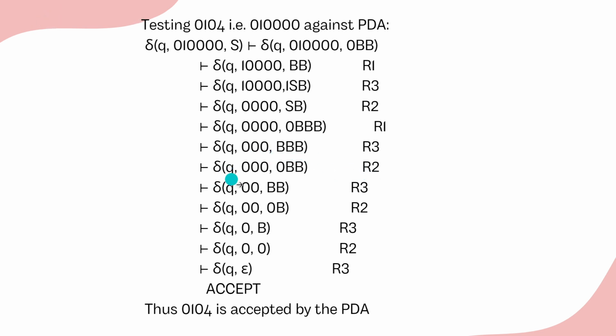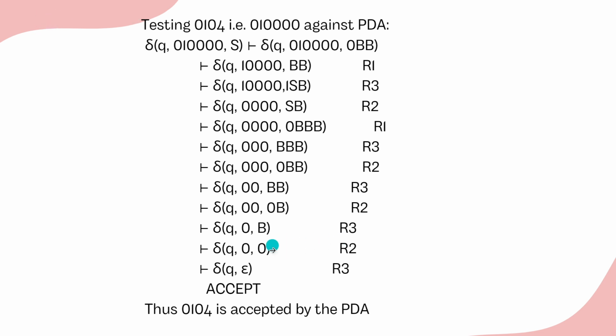By rule R2 we have delta(q, 000, 0BB). By rule R3 we have delta(q, 00, BB). By rule R2 we have delta(q, 00, 0B).